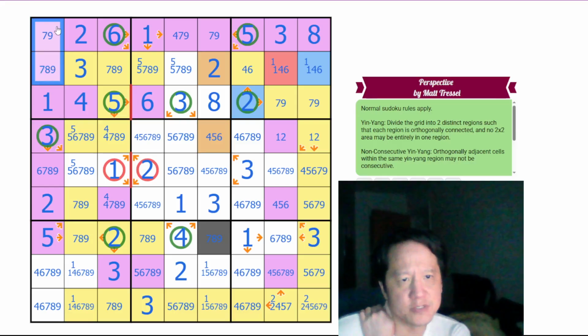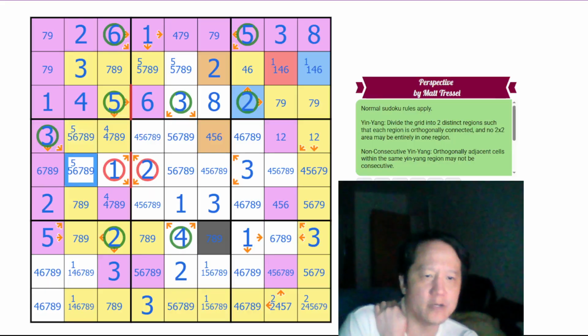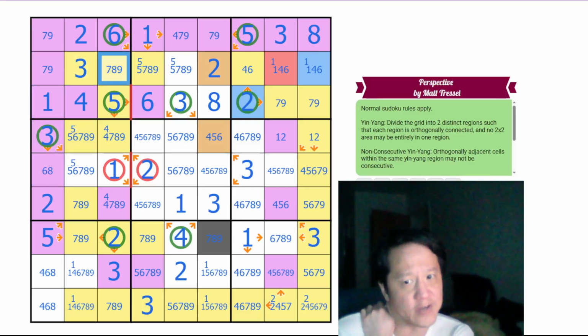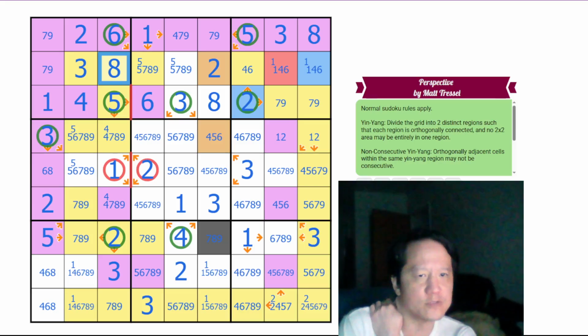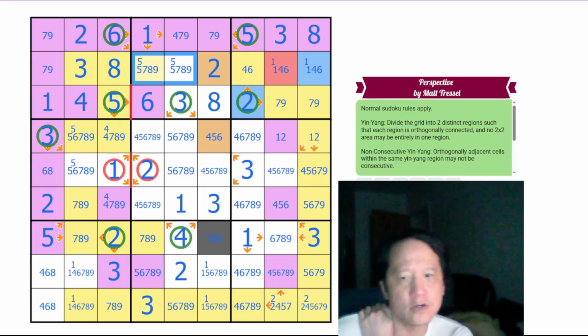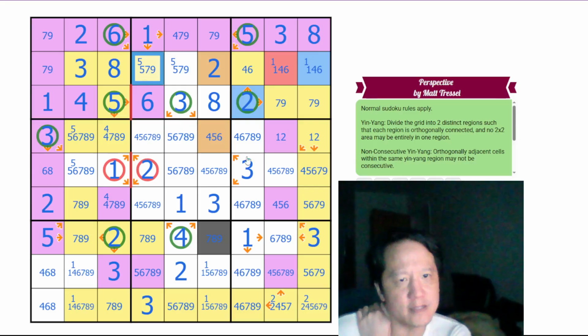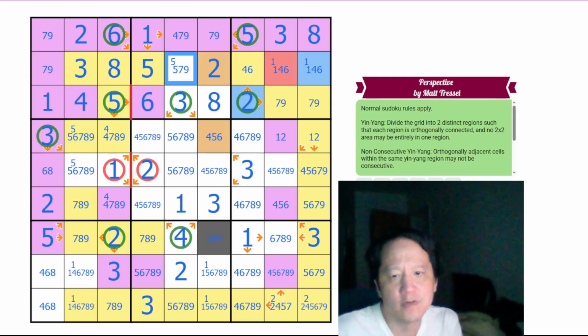So there can't be 7, 8, or 8, 9 here. So this must be 7, 9 as a pair, which eliminates 7, 9 in the rest of the column. So far, this is fine. So that would force this to be 8. No 8 here. They can be consecutive, sorry, because this 8 is not consecutive with 7 or 9. So this would have to be 5 in that instance.